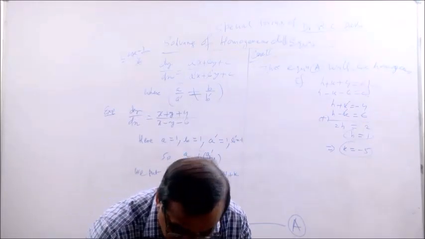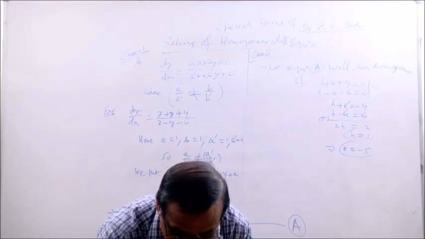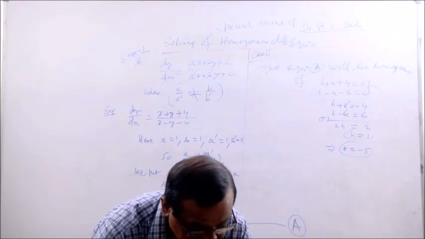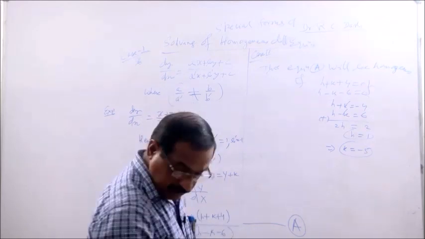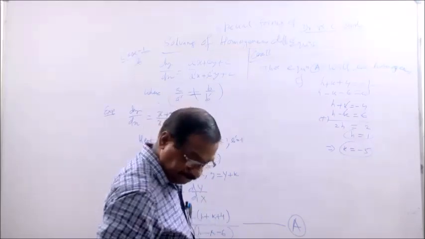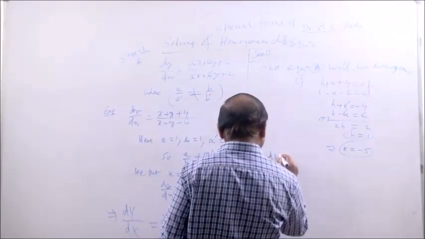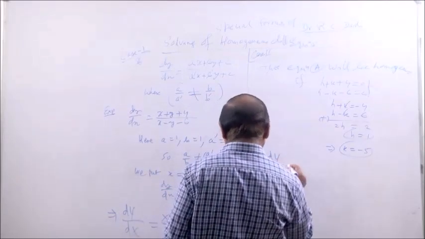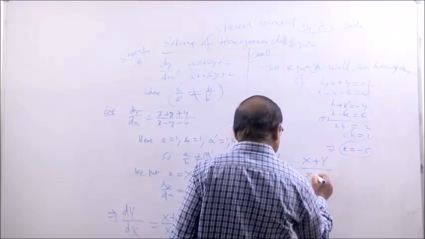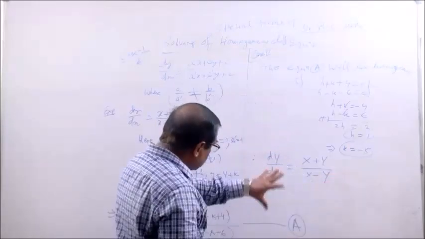Now, we have to proceed to solve this problem. After putting these two terms to 0, we get, therefore, dY by dX is equal to X plus Y by X minus Y. So, you see this is homogeneous.